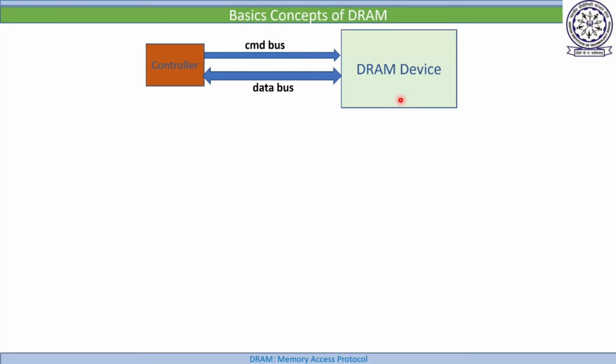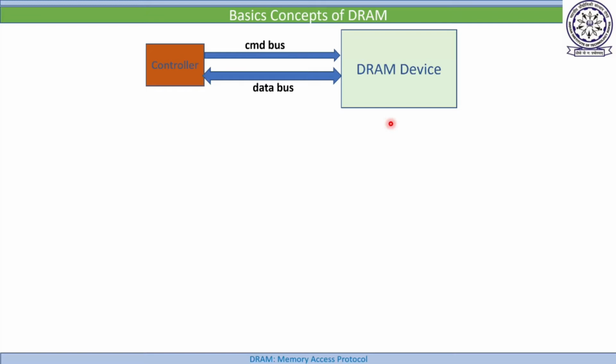Suppose the time is 20 milliseconds, but before these 20 milliseconds have passed, the controller sends another request to read data from the row buffer. What will happen at that time? Maybe the first command, which is supposed to transfer the data to the row buffer, is still executing and not completed, and now the second command is trying to read data from the row buffer. So there will be an inconsistency, and that must be handled.